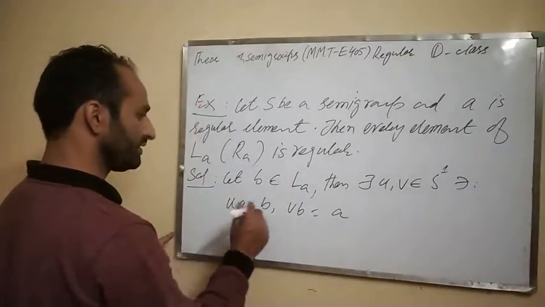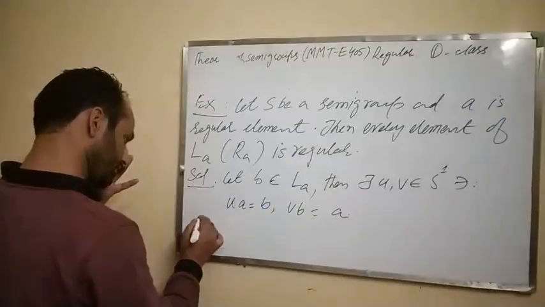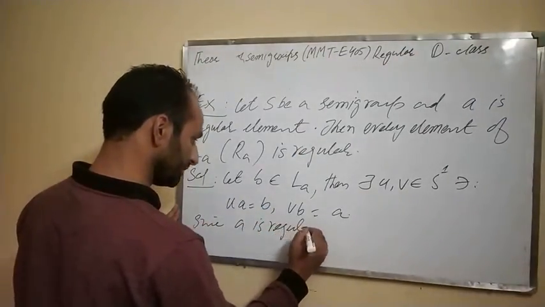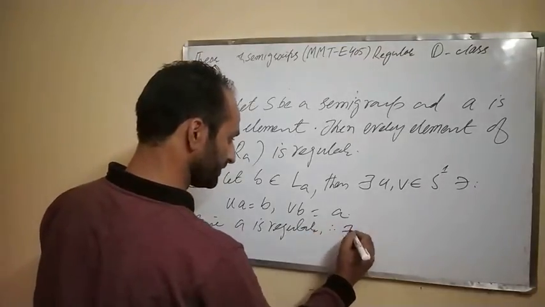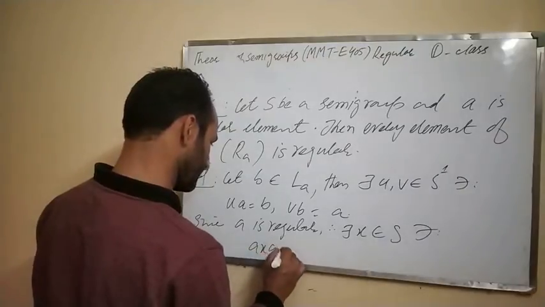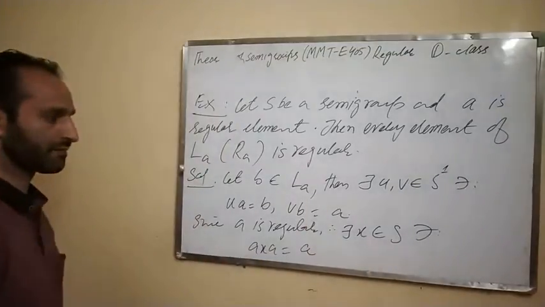Since A is regular, there exists X in S such that AXA is equal to A.